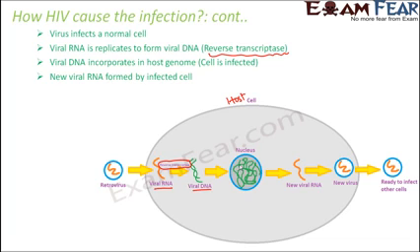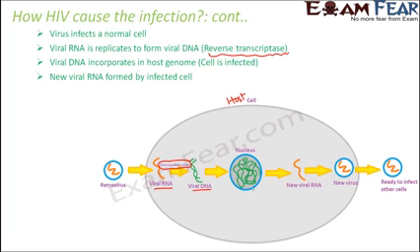As soon as this viral DNA enters inside the nucleus, the cell will consider this DNA as its own DNA. Because for this particular cell, the DNA is the main genetic material. For example, in human beings, in each cell of our body, DNA is the main genetic material. So if that DNA which we think is our DNA is actually the viral DNA, we will not get to recognize that.